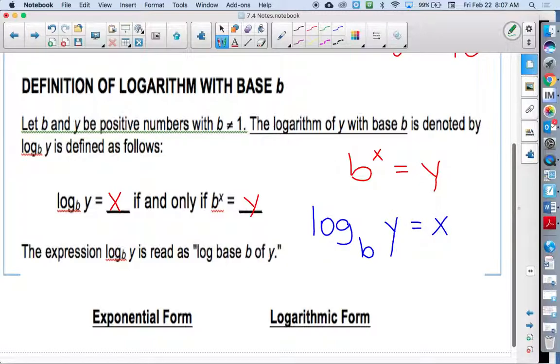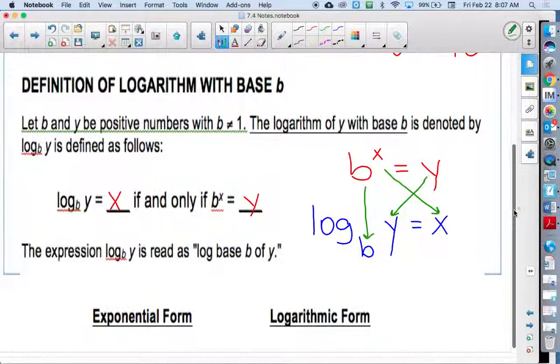And just noticing where the pieces go, the base just drops down to the base. And then our y and x switch. So they're doing a little flip-flop. If you're lining them up vertically, you can see that the base falls down to the base of the log. The exponent goes to the answer next to the log. They did a little flip-flop.